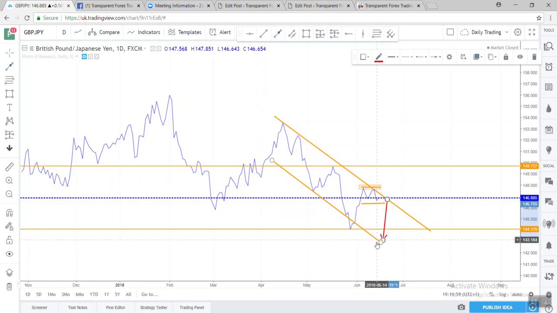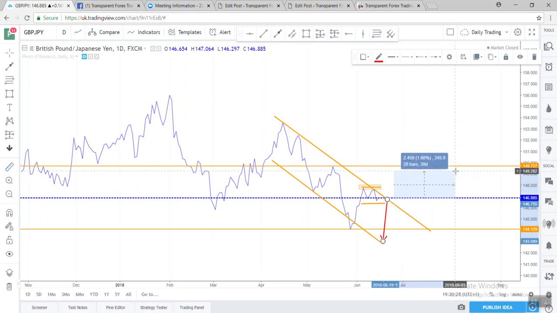Downward trend, do you really need to wait to confirm that this is a channel as opposed to just trade the trend line? I wouldn't. I would get in here. So if price respects this trend line, I'm not going to wait all the way down here, which is not far shy of 400 pips.